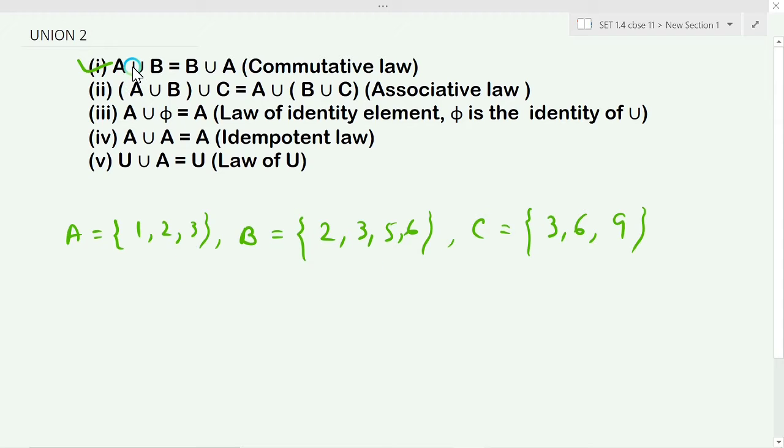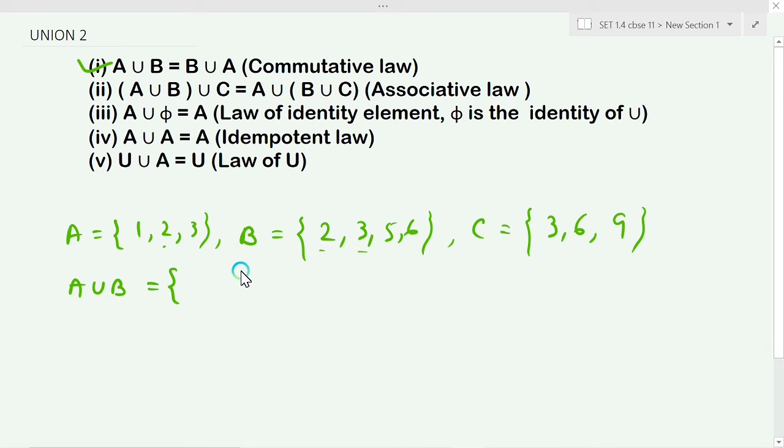Now for the first case, A union B equals B union A. To find A union B, first you find the common elements between A and B, which are 2 and 3.